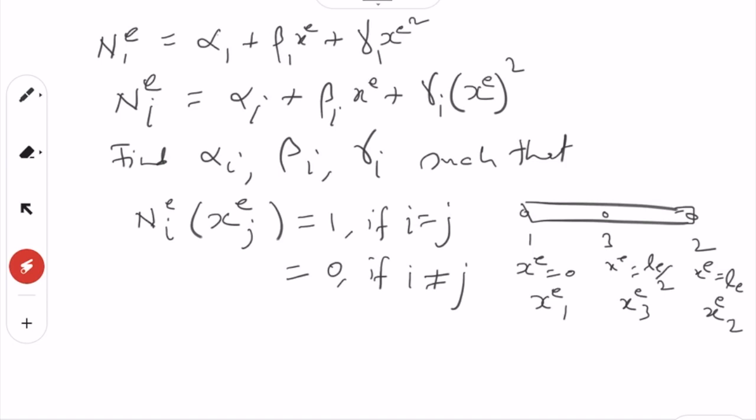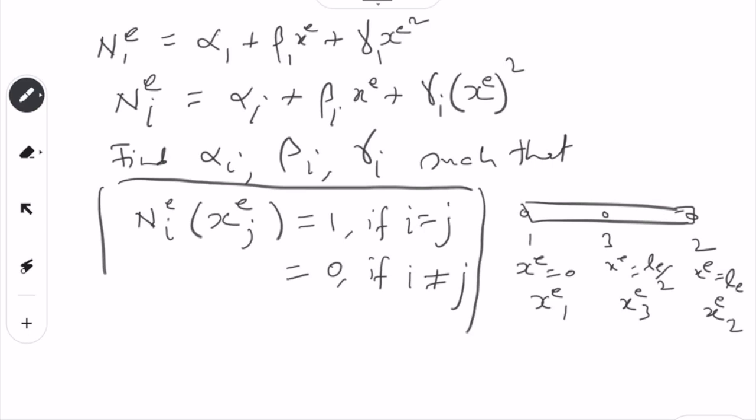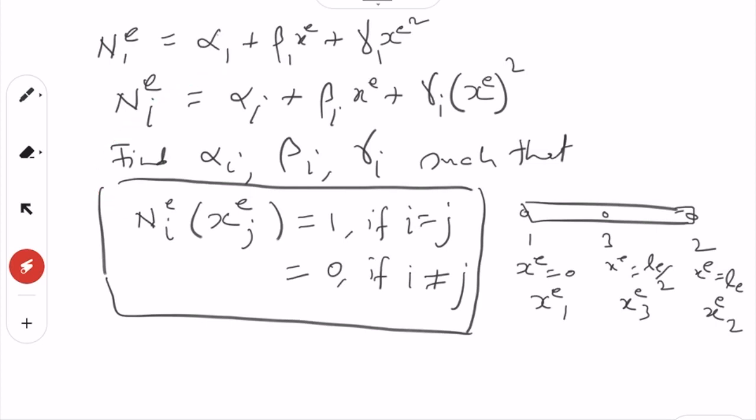Like n1 will be 1 at x1 and equal to 0 at x2 and x3. This is the condition you have to impose, and by doing that we can find out alpha 1, alpha 2, alpha 3.